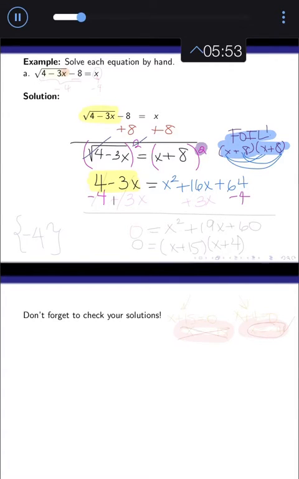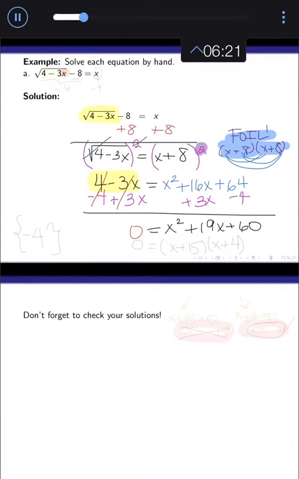We've got a minus 3x, so we'll add 3x. That moves everything from the left side over to the right side, leaving us with a 0 on the left, and the right-hand side is now x squared plus 19x plus 60.